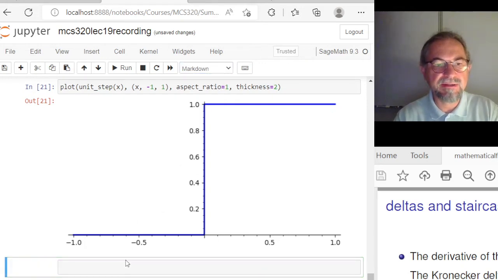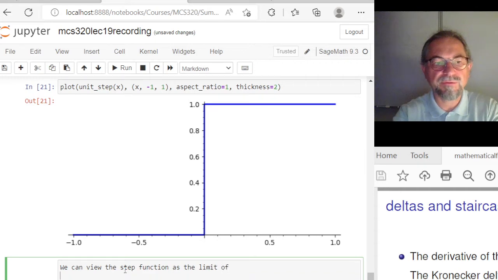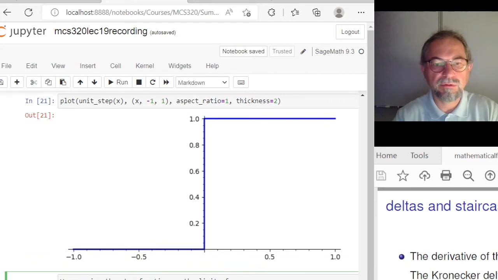We can see the step function as the limit of another function, and that is 1 over 1 plus the exponential of minus 2k times x, for k going to infinity.